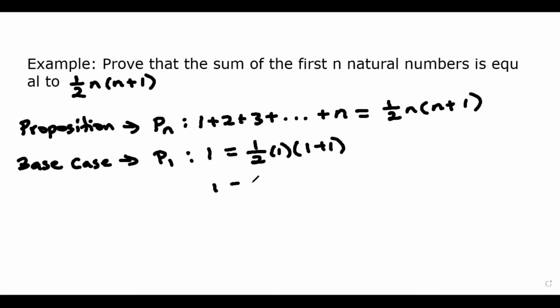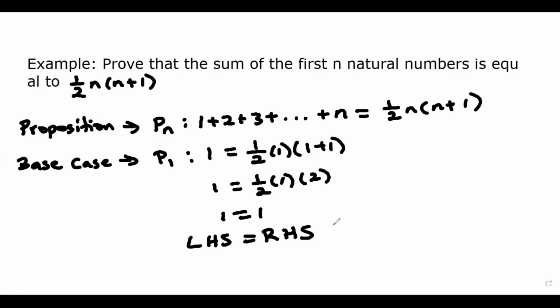So 1 is equal to half times 1 times 2. So 1 is equal to 1. So the left-hand side of the equation is equal to the right-hand side of the equation. And that means P1 is true when n is equal to 1.